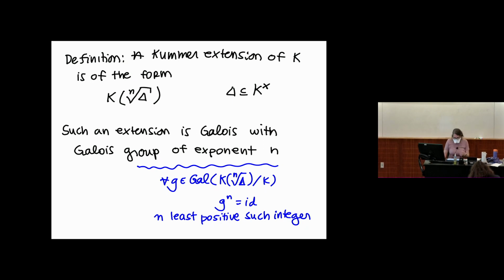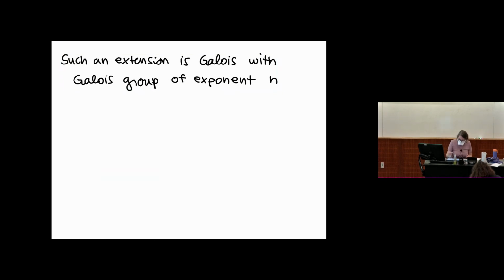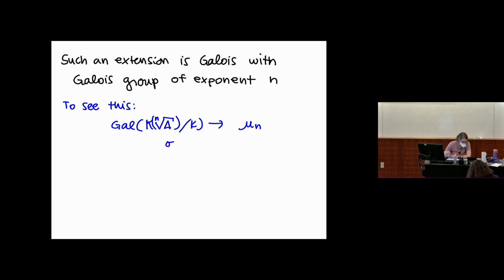Okay, and one way to see this: you can have a map from this Galois group to the nth roots of unity.